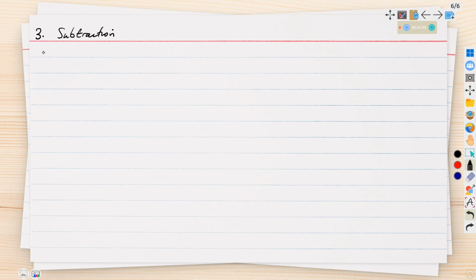We'll start with subtracting two numbers of the same sign.